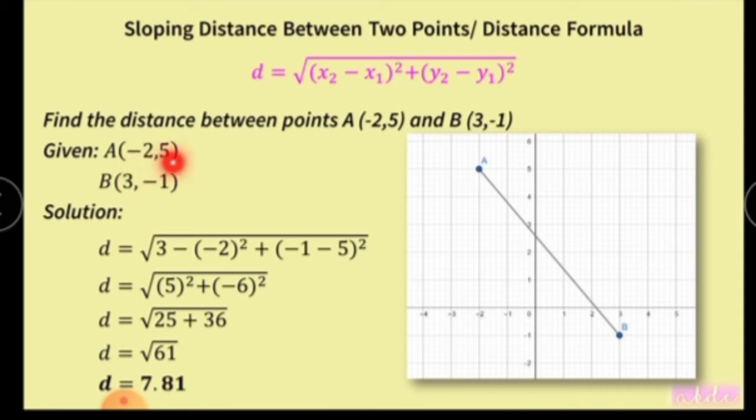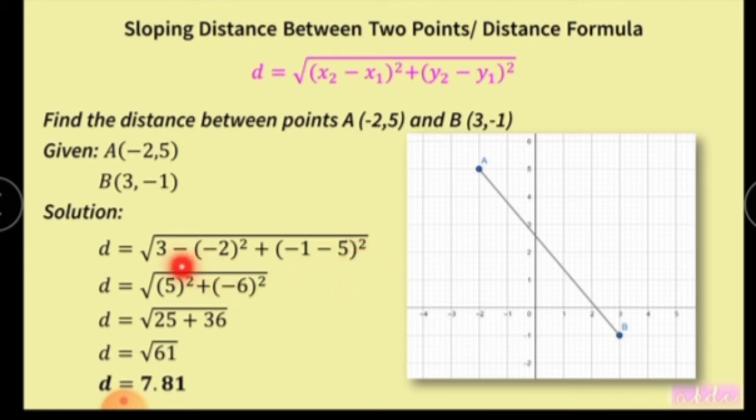We substitute the 2 points into our formula. So d is equal to the square root of the quantity x sub 2 minus x sub 1 squared, so 3 minus negative 2 squared, plus the quantity y sub 2, which is negative 1, minus y sub 1, which is 5, squared.